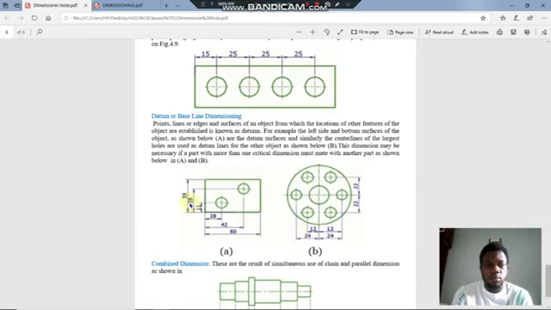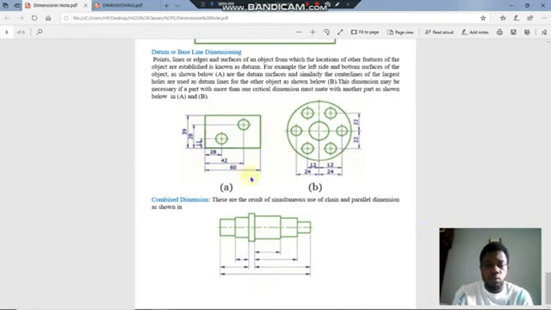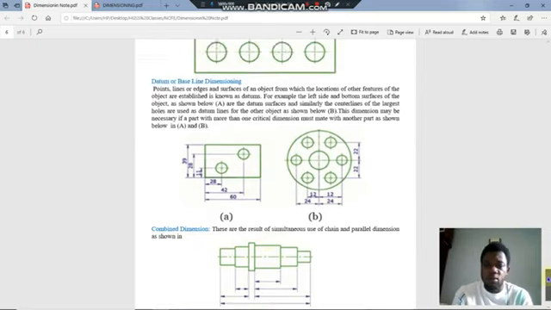You can also put all of these dimensions in one line. So the chain dimension has one reference point and all other dimensions follow, while the baseline dimension has each segment separately. And a situation where you combine the two, you have what is called a combined type of dimension.